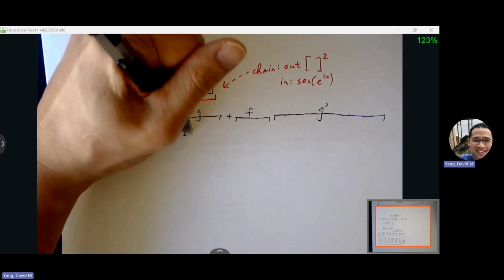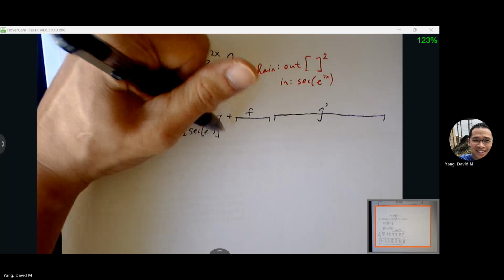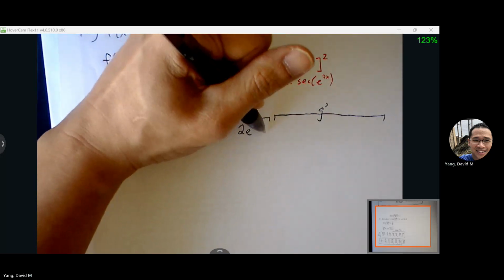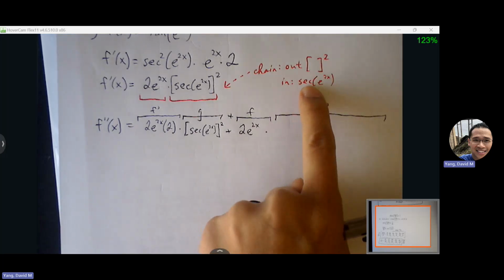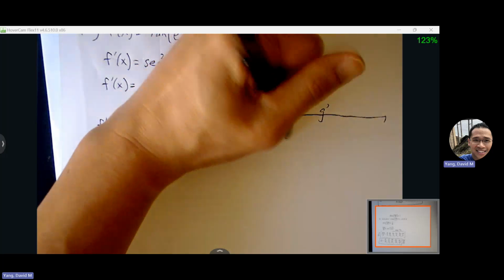G stays the same. F stays the same. All right, G prime is where we have to go through our whole chain rule part here. Bracket squared becomes 2 bracket to the first power.